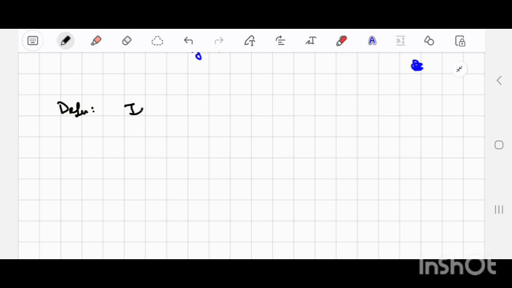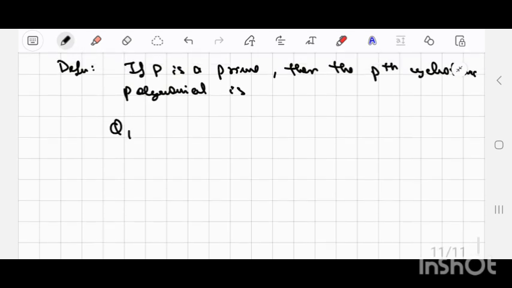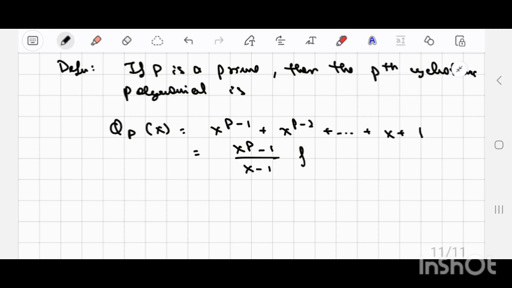Definition: if p is a prime, then the pth cyclotomic polynomial is phi px, defined as x to the power p minus 1 plus x to the power p minus 2, so on and so forth, plus x plus 1, which can be written as x to the power p minus 1 by x minus 1 for x not equal to 1.